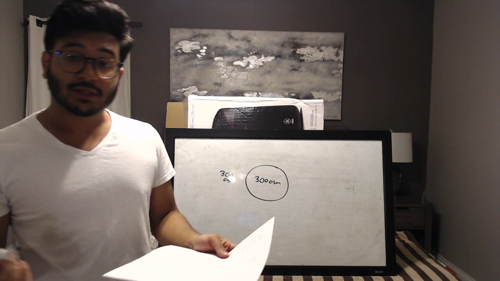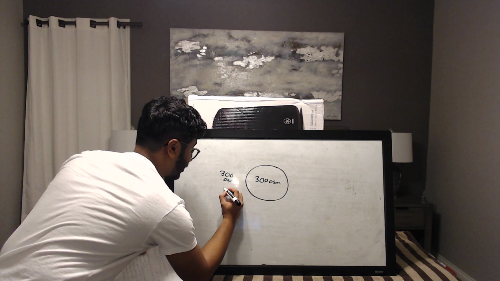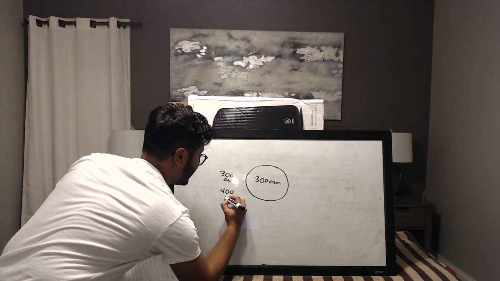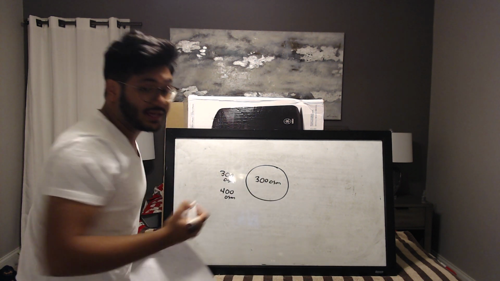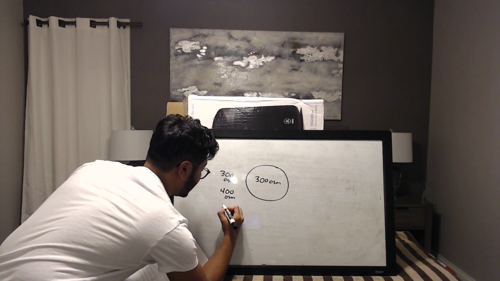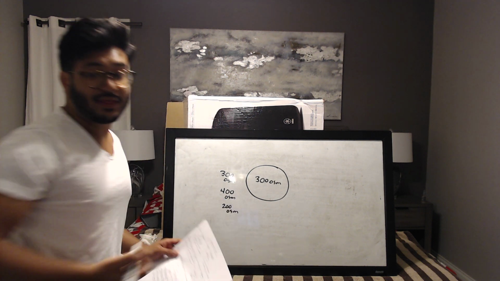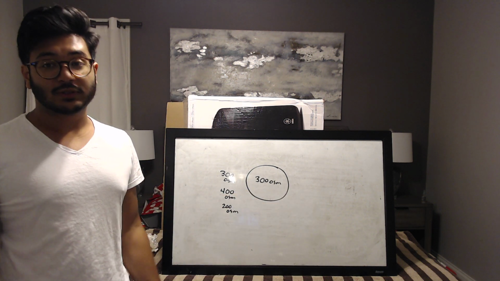If you have a solution that's hypertonic to the cell, it's going to be something greater than the 300 milliosmoles inside the cell. And if you have a solution that's hypotonic, it's going to be something less than the 300 milliosmoles inside of the cell.